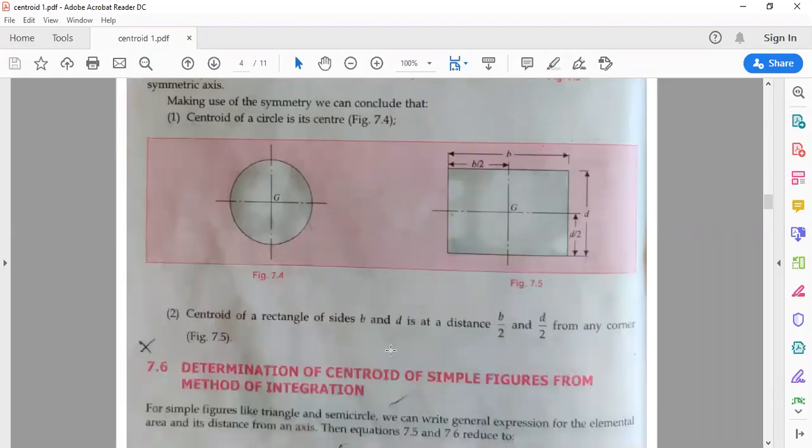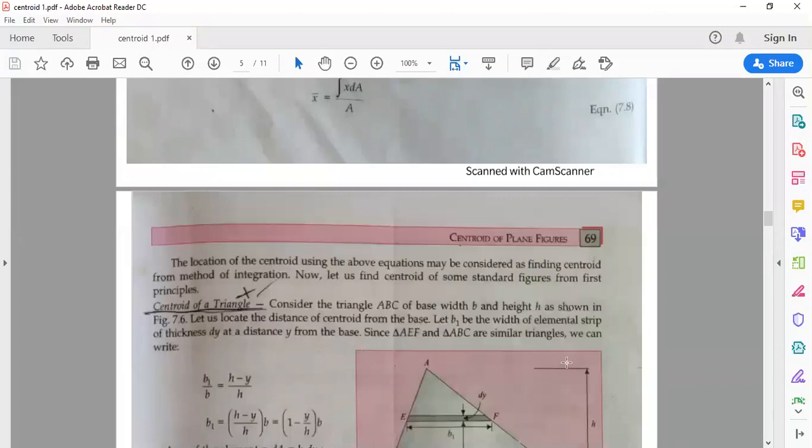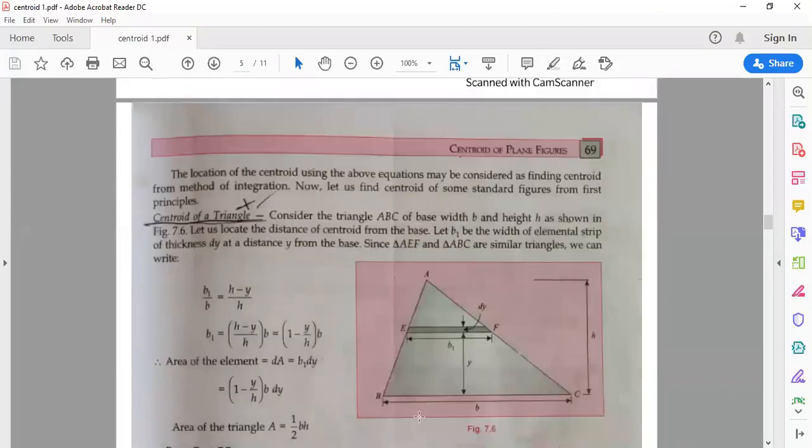Then for a triangle, there is no axis of symmetry, whether it is a right angle triangle, an isosceles triangle, or any other type of triangle. How can you derive the centroid using first principles? First, we have to select the x and y axes. The x-axis passes through the base.